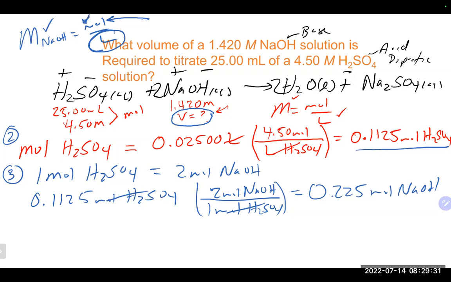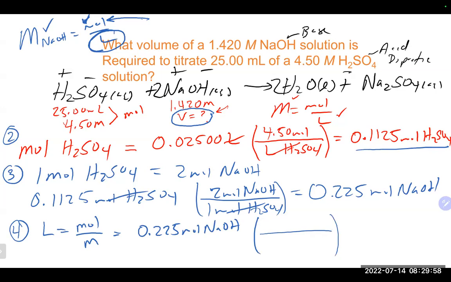We also have the molarity, so we can now find what we're looking for, which is a little different at this point from using the molar mass. Once again, we're going to use molarity on the back end of this calculation. The liters equal the moles divided by the molarity. So using our moles of sodium hydroxide, I'm going to use sodium hydroxide's molarity here as a conversion. That is 1.42 moles per liter.